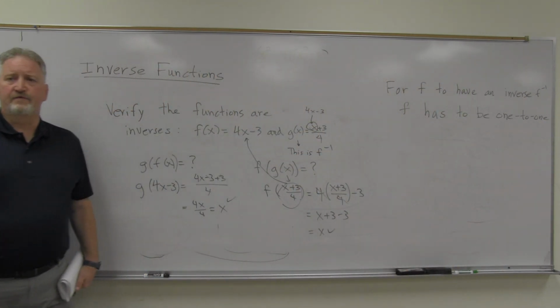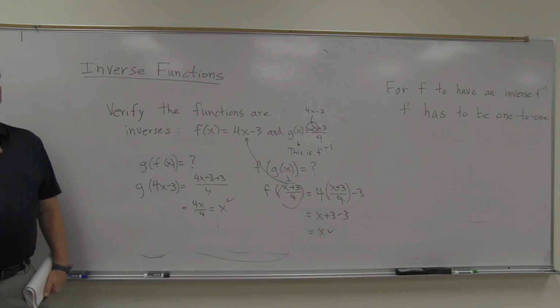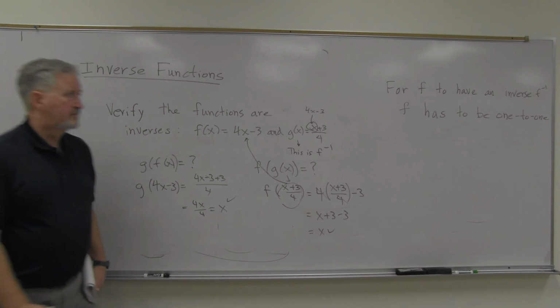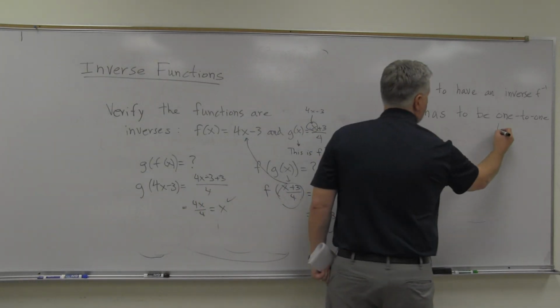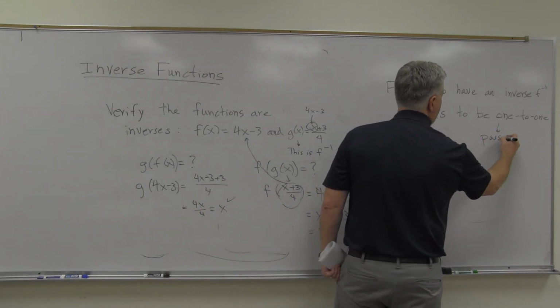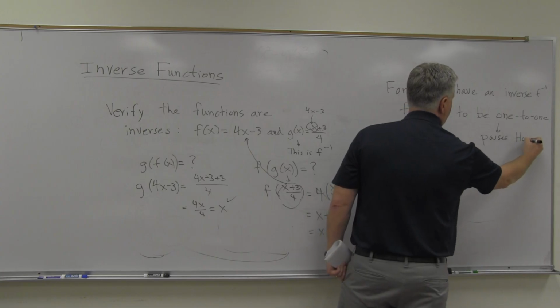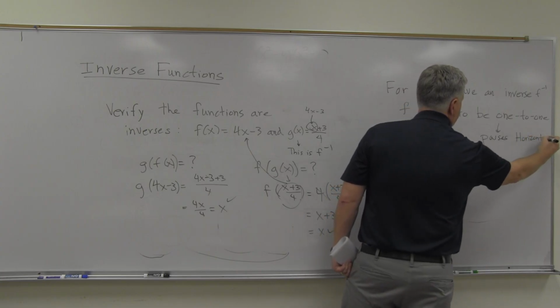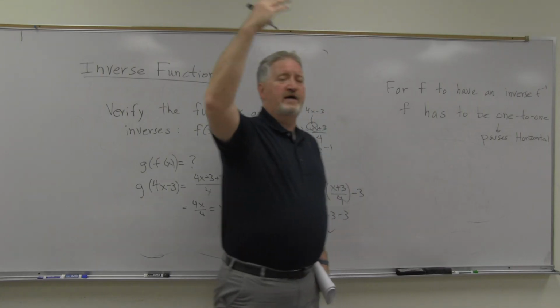And I may have mentioned it before. And the one way we're going to check it, the way I have us do it anyway, check it for 1-to-oneness is using the horizontal line test. To be a function, it has to pass the vertical line test.